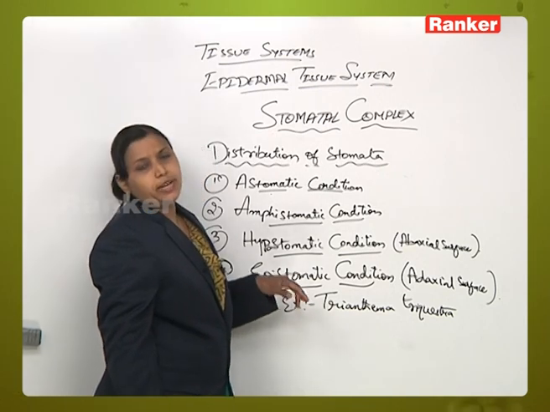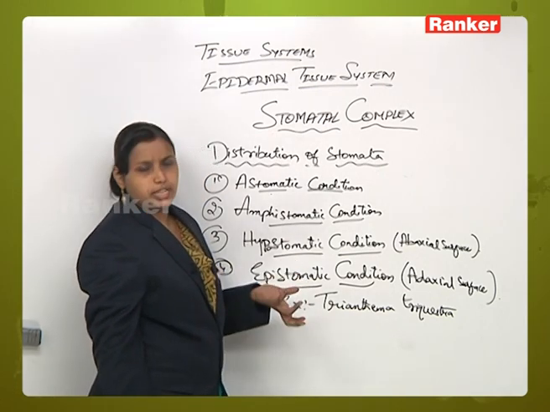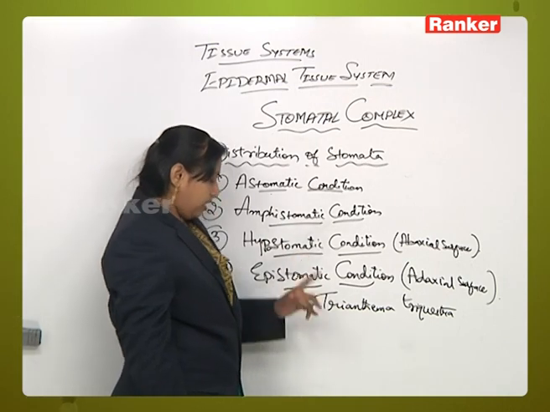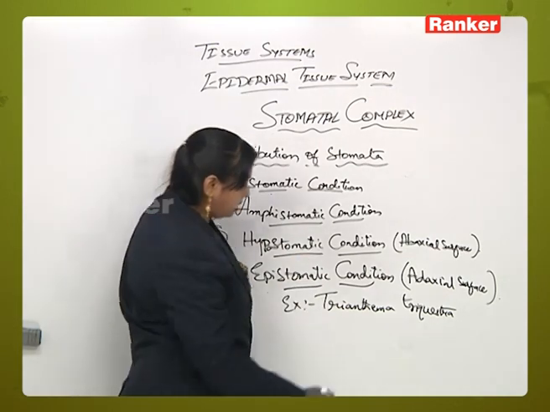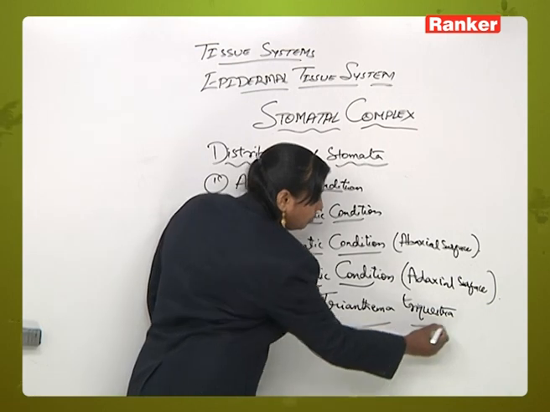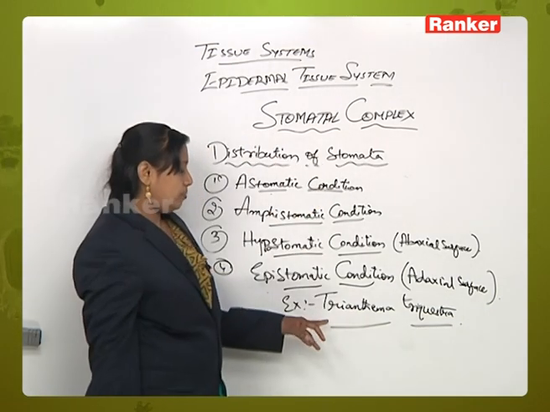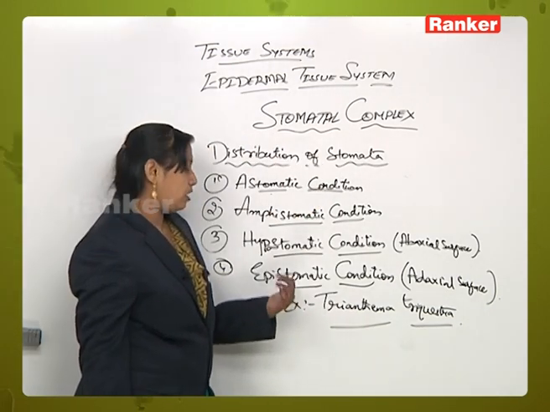We will see it in plants which have floating leaves, as I said earlier. And we can also see epistomatic condition in an example like Trianthema triquetra. This is the plant where you can see the presence of epistomatic condition.